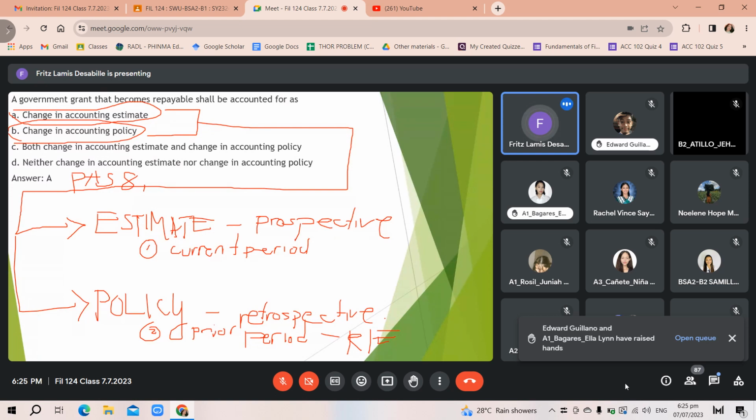So there are no prior period adjustments. Now, a change in accounting policy has a retrospective effect, and it would affect the prior period, meaning there is an adjustment to the previous years.